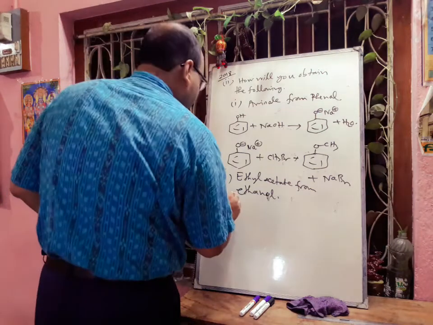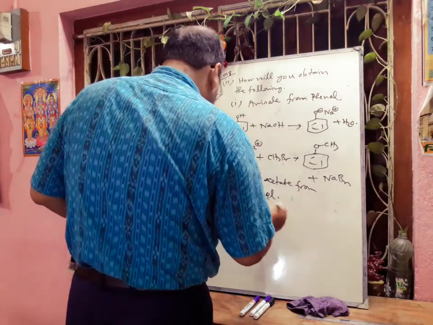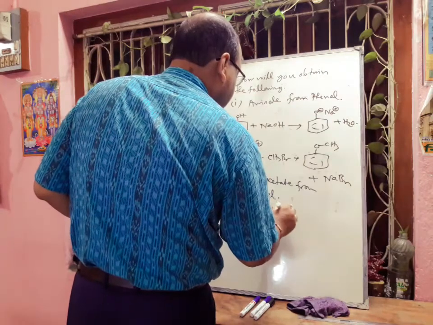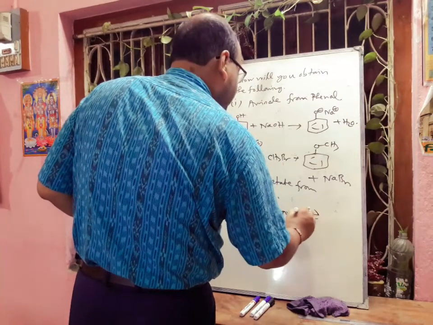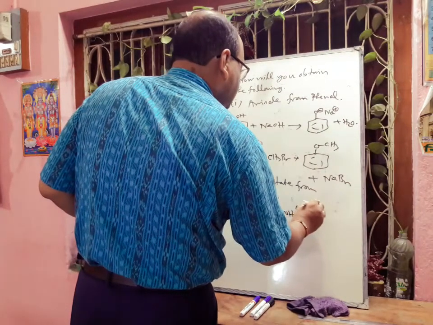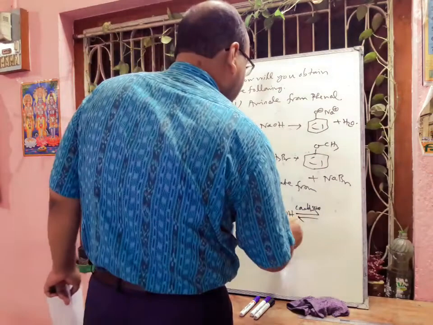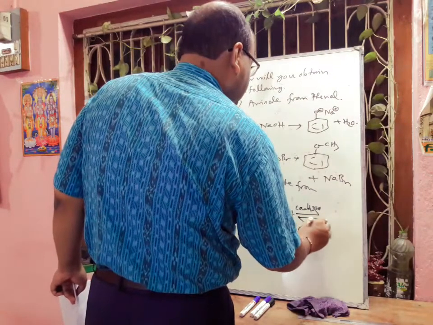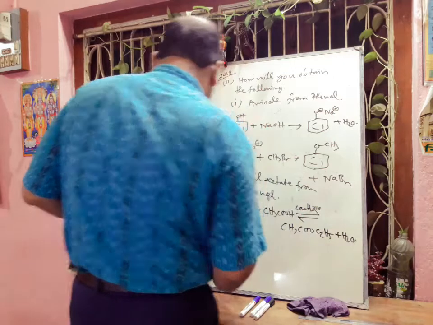So here we have to take C2H5OH, ethanol, and add acetic acid, and in presence of concentrated sulfuric acid as catalyst, it will form the corresponding ester plus H2O.